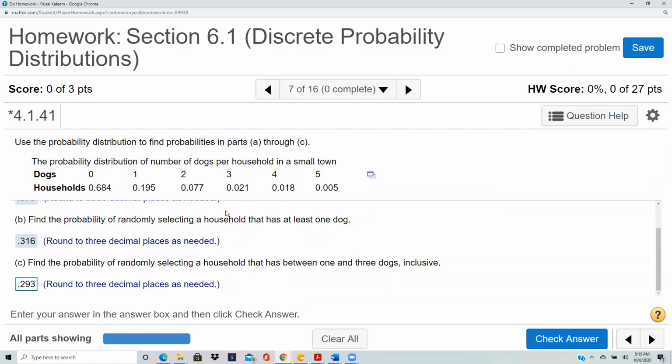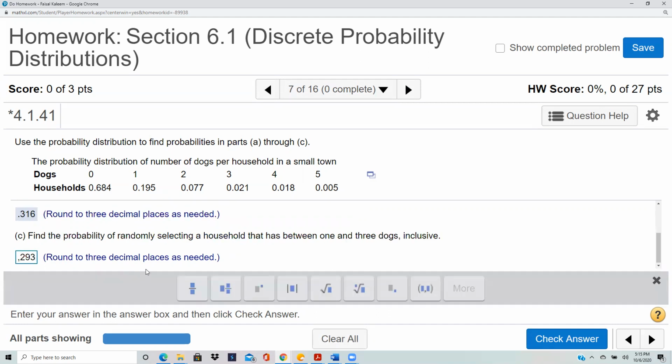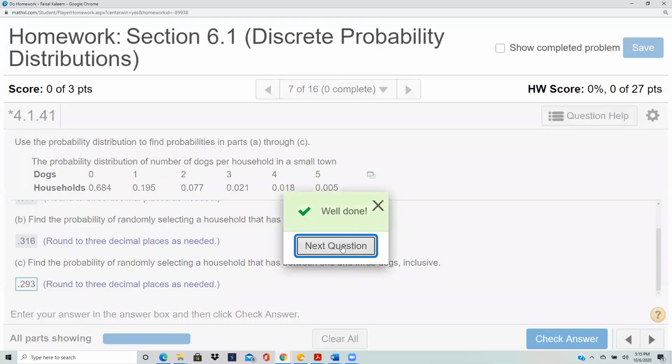No, I added it incorrectly. 0.195, 0.077, so 0.098 plus... oh, I put a comma. That's 0.293. Okay.